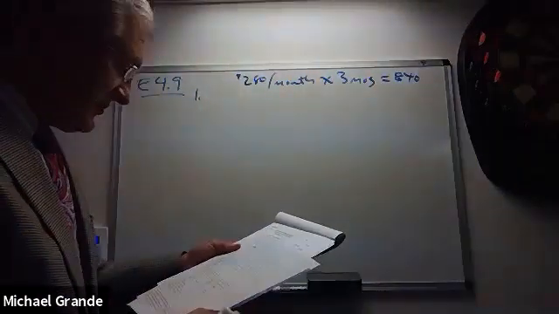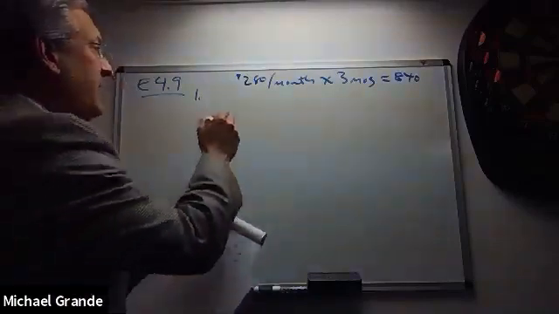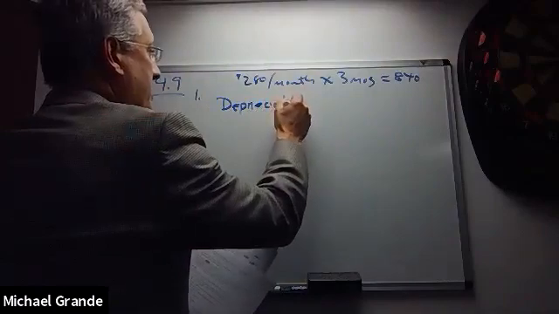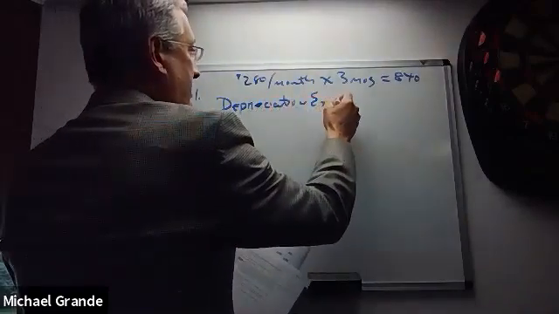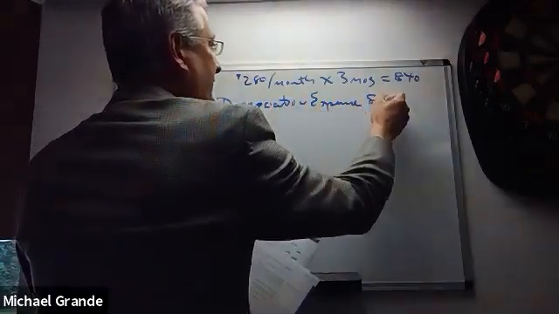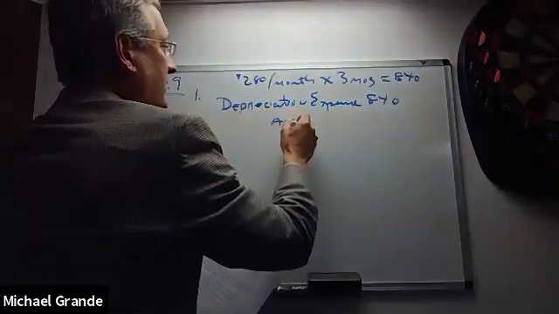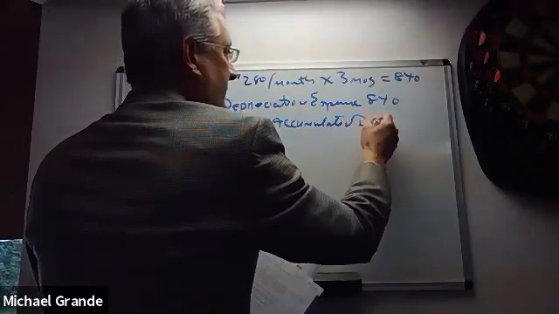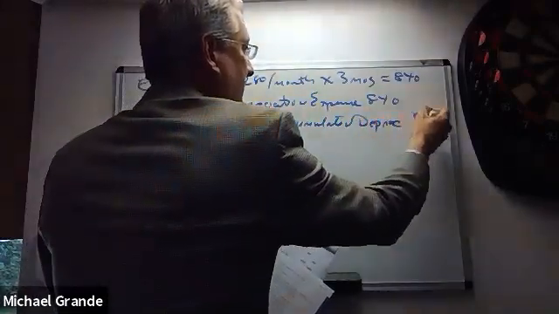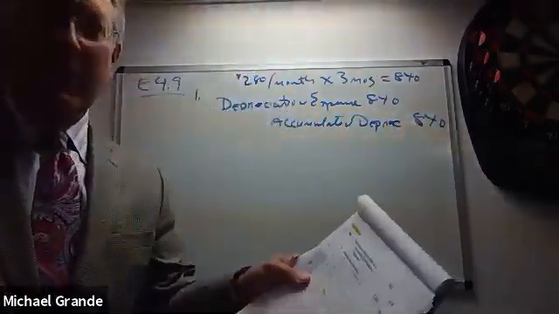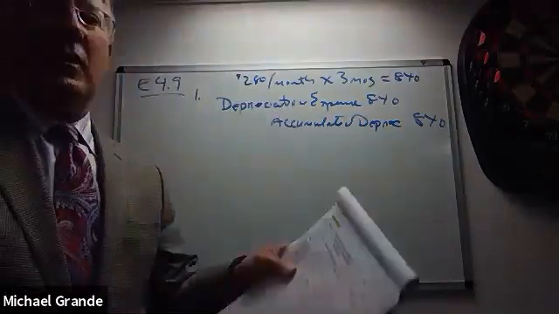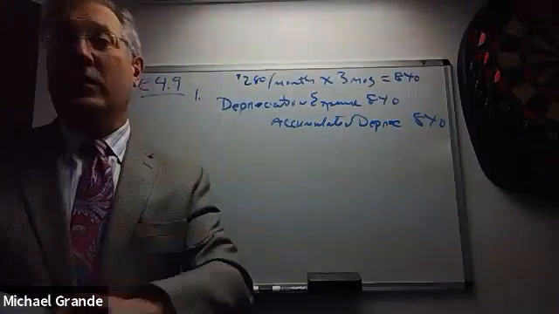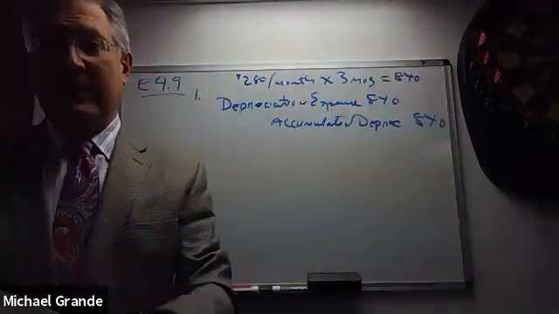Specifically, our journal entry is going to be a debit to depreciation expense for $840 and a credit to accumulated depreciation. So remember, adjusting journal entries always affect at least one balance sheet account and one income statement account, never cash.